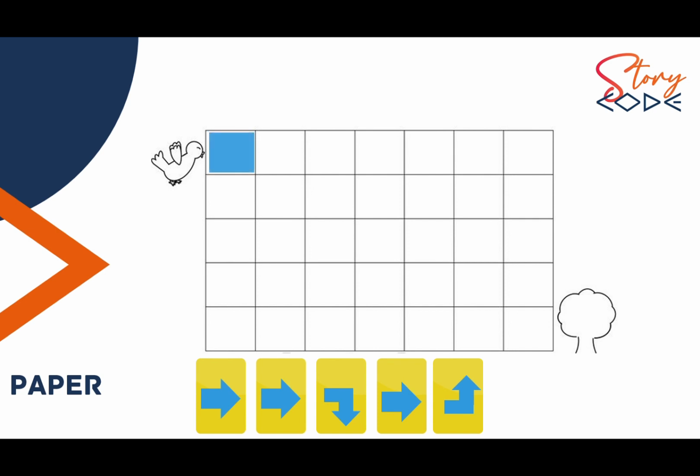For example, in this case, we have forward, forward, turn right, forward, turn left. So what you have to understand and to be very careful is that the arrows turn left and turn right usually mean turn left 90 degrees, turn right 90 degrees.